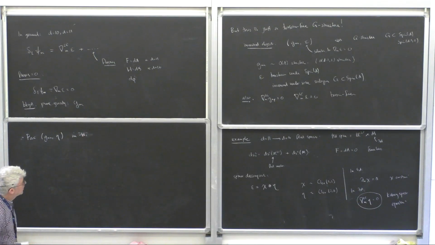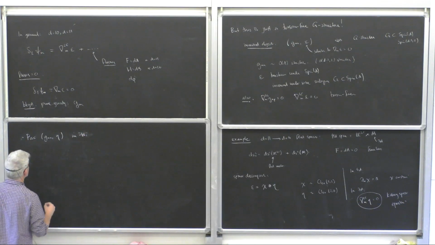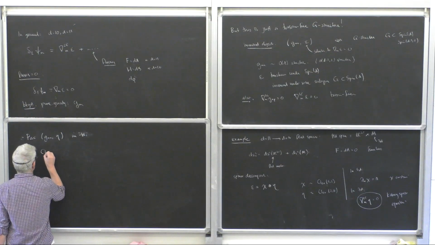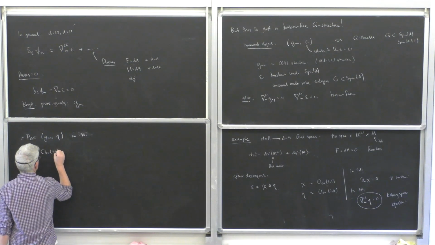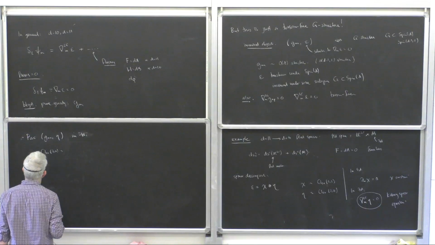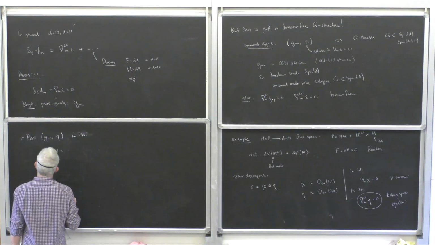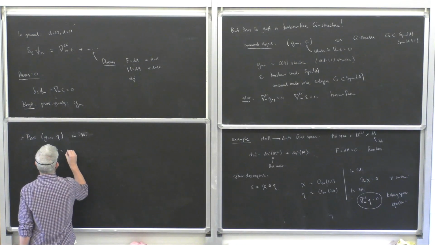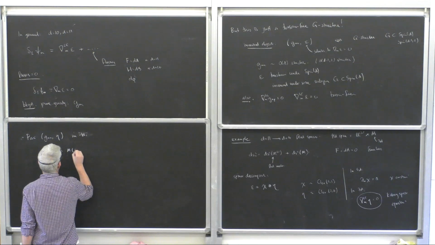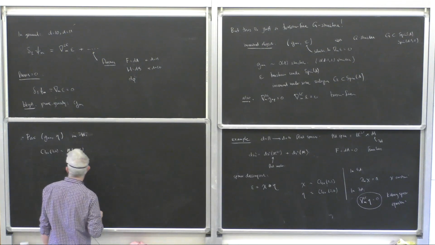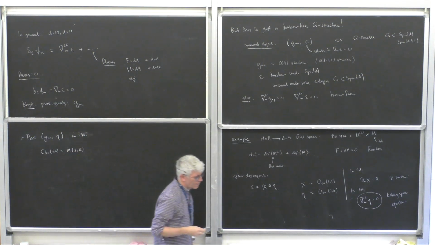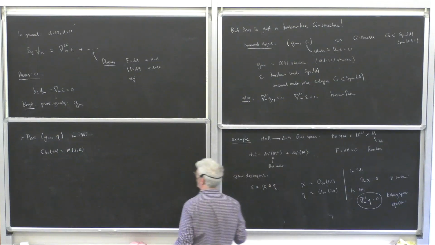And the question is, so actually the even Clifford algebra in 7 dimensions looks something like M8(R), if I remember correctly. So the spinors have 8 components.